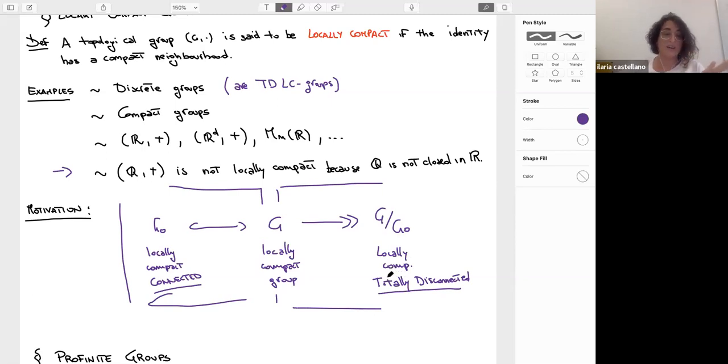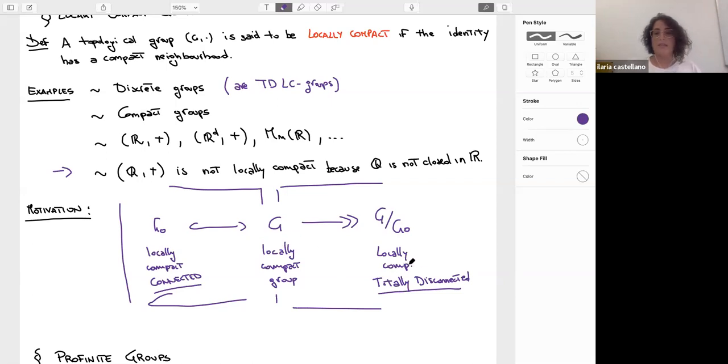And at least in theory, since every locally compact group is an extension of a connected group by a totally disconnected piece, you should be able to answer some questions about locally compact groups in general by reducing the question to the connected part and the totally disconnected part, and then combining the answers in order to go back to the arbitrary locally compact group.